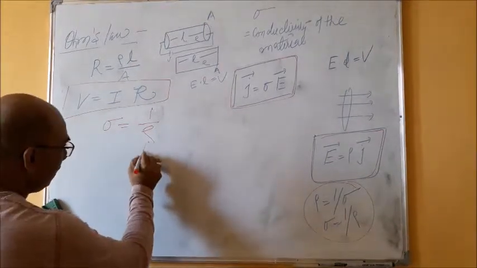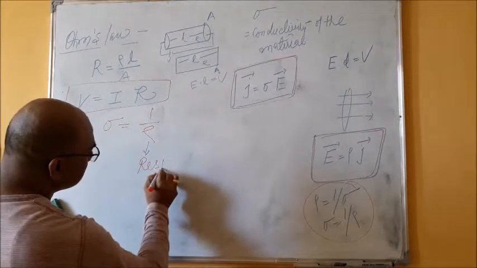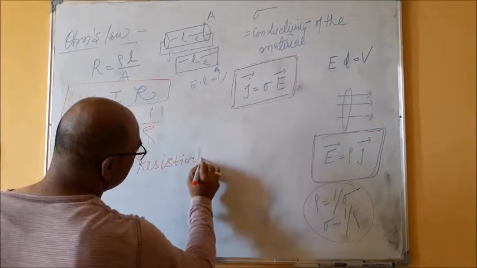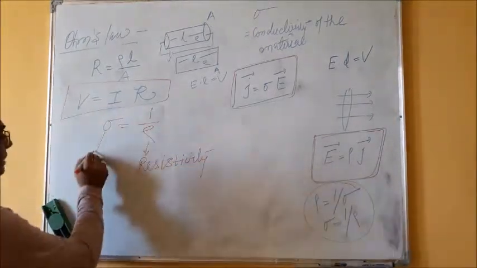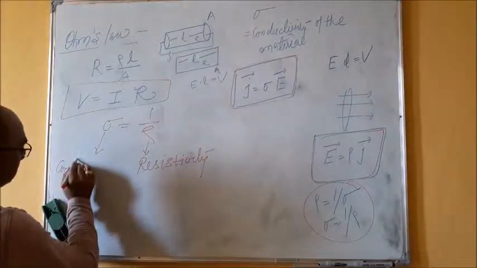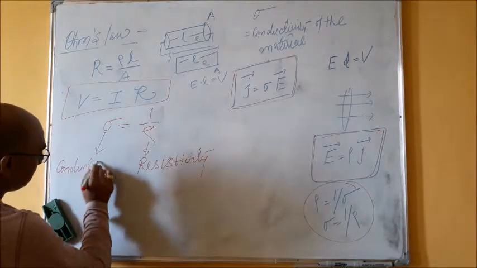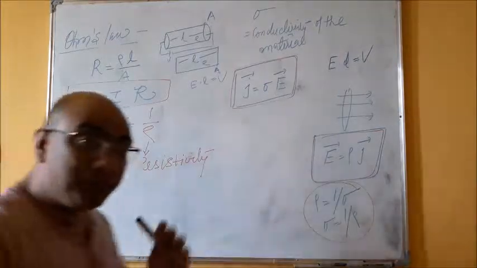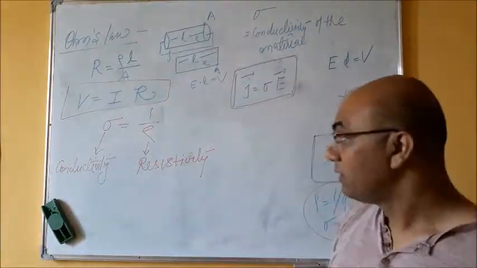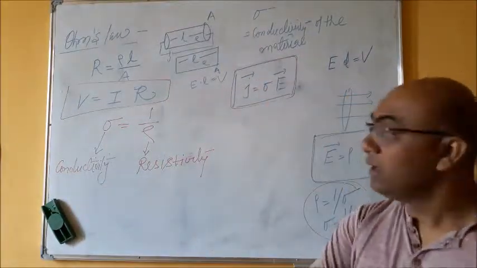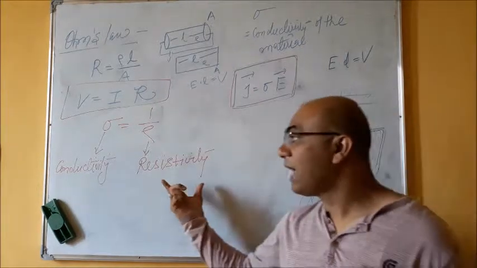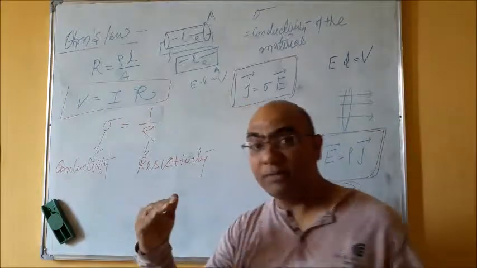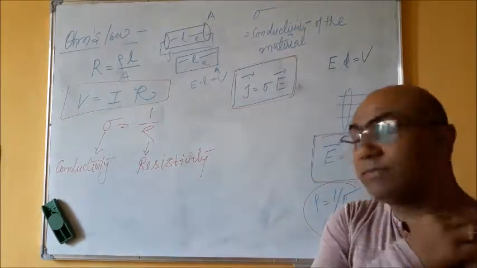Rho is defined as resistivity, while sigma is defined as conductivity, and both are inverse to each other. This means if a material has more resistivity, the conductivity will be less, and vice versa.